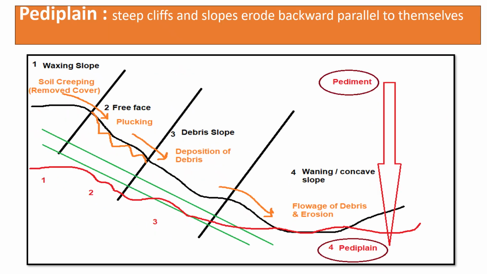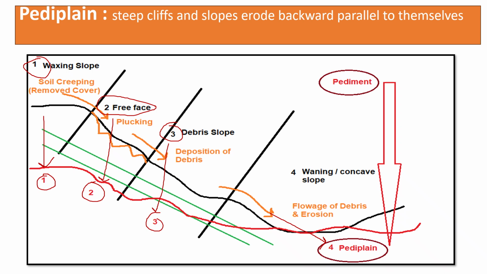And ultimately, the black line, that is the pediment, is converted to the pediplain. The waxing slope falls downward, and the free face slope through the plucking process migrates downward and becomes this zone. And third, the debris slope through deposition becomes the third zone, and ultimately the pediplain.